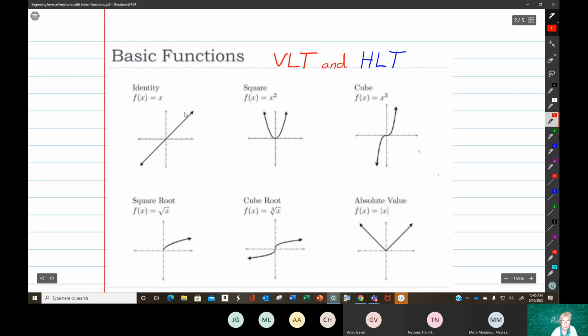If I draw a vertical line through that graph, the vertical line intersects the graph at one point. That means it's a function, and I could do it anywhere up and down the graph, and that line would touch the graph at only one point.